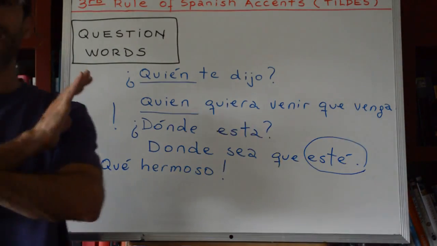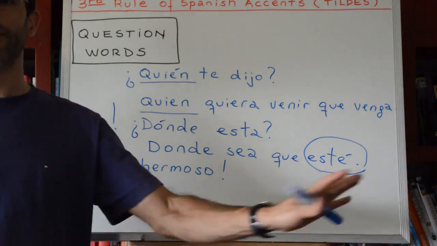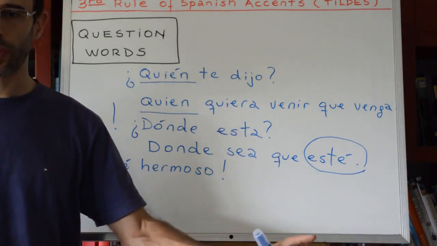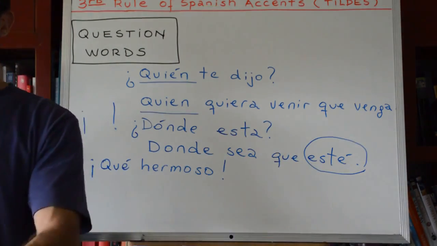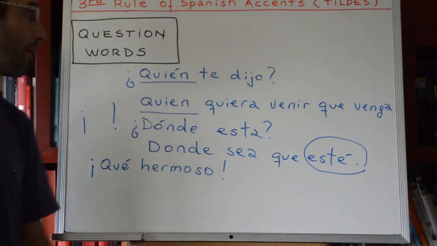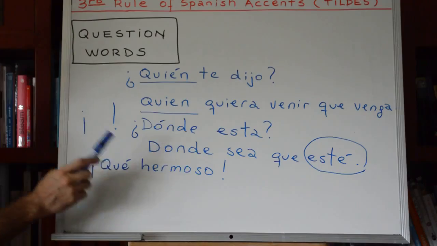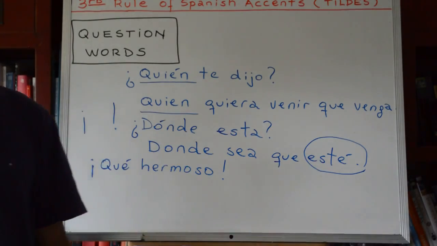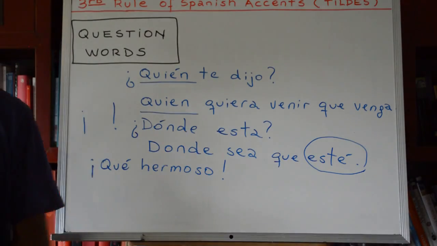Whenever we have any question word from Spanish, if that question word is involved in a question or an exclamation, it carries a tilde, okay? And that's the application of the third rule of the Spanish accents.